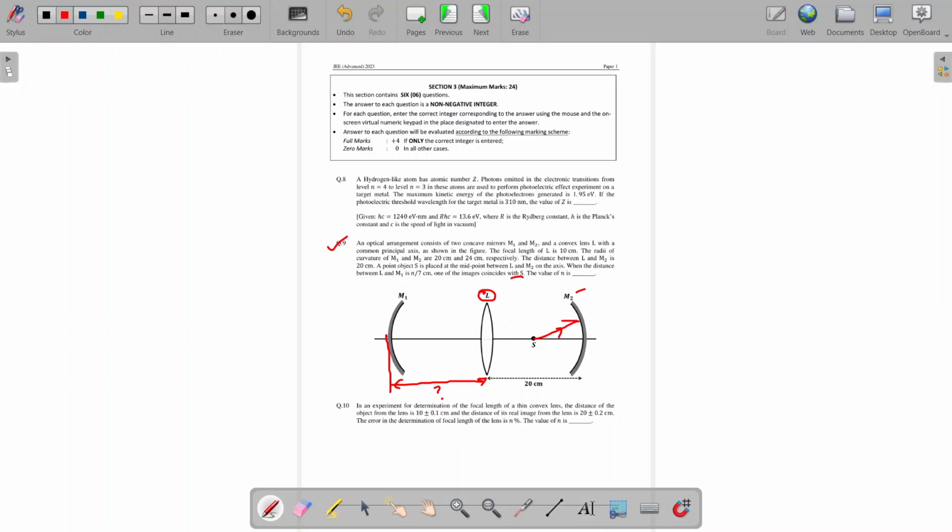It reflected, it refracted, it reflected again, and then it went to the center of curvature of the lens, number 2 of the lens, and as it went to the center of curvature, it will basically retrace its path.